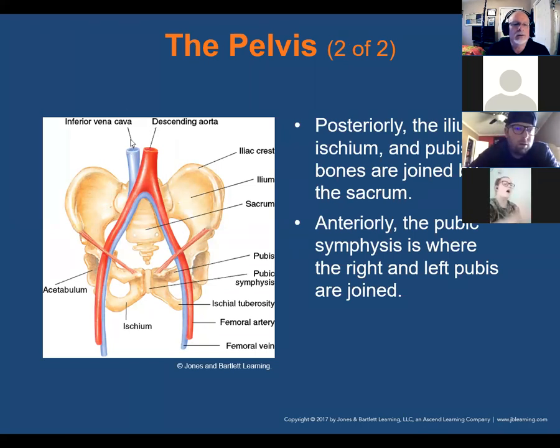Oh man, what is this? Here we have the vena cava and aorta. We're going to call those the great vessels now. We see those great vessels here. And then when they get to the pelvis, you have a bifurcation, where it divides in two. The descending aorta divides into the iliac artery, I believe.